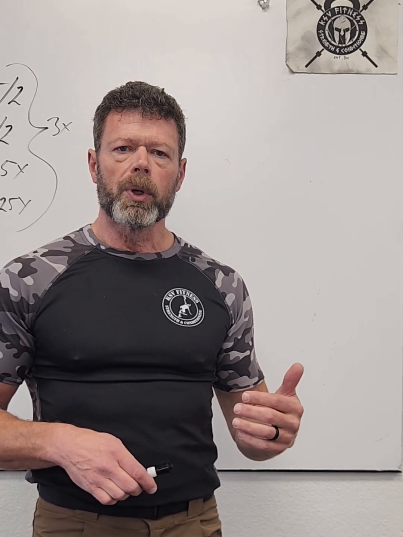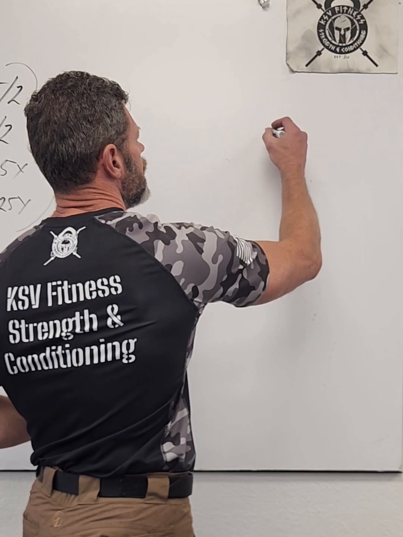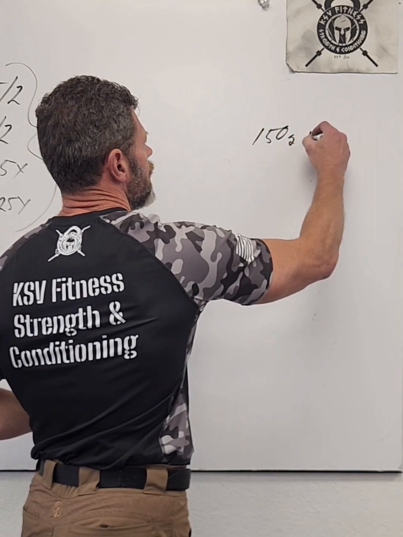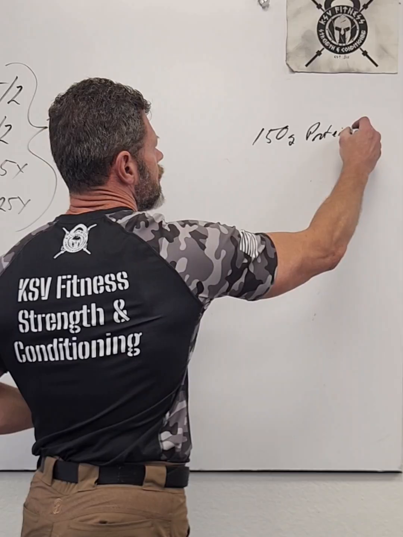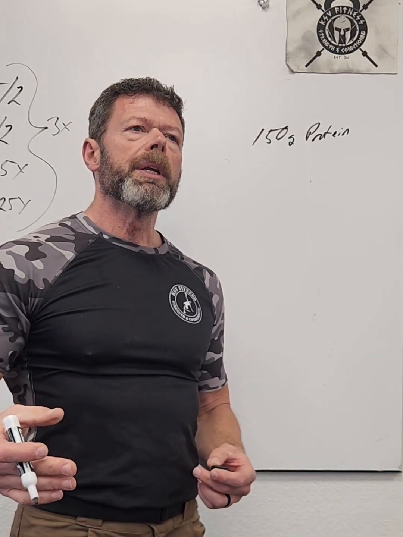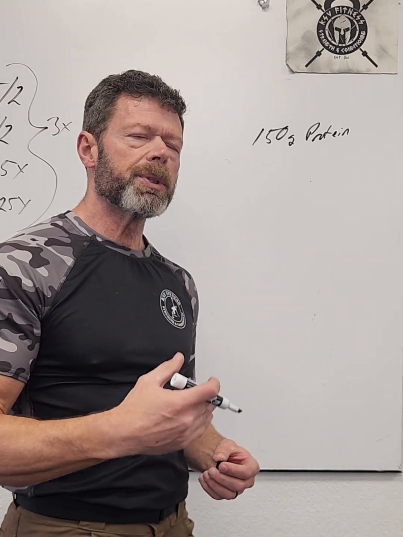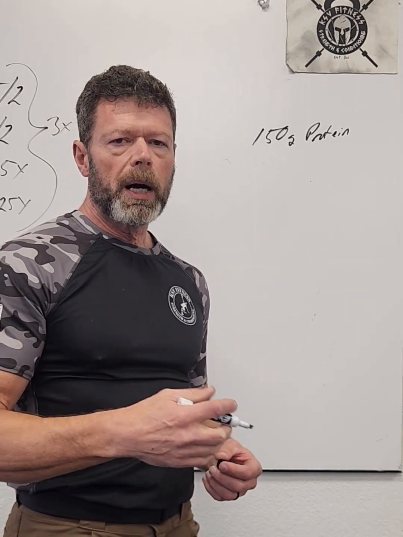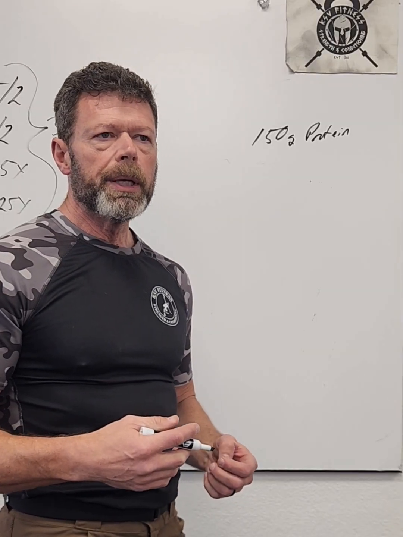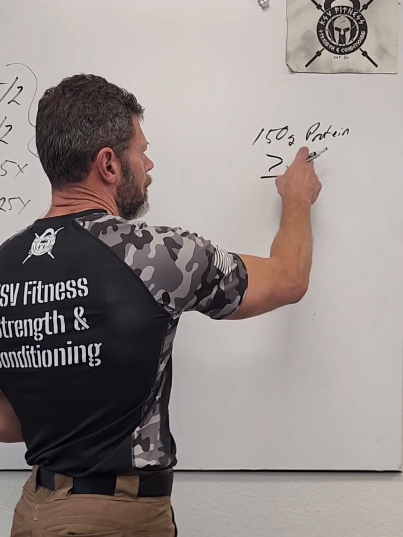So if that 160-pound woman wants to lose 10 pounds as a starting point, we need to look at how many grams of protein. So we're going to say 150 to start. Okay, now in order to balance out our macronutrients, if I'm going to take in 150 grams of protein, then my carbohydrate intake needs to be equal to or less than my protein.